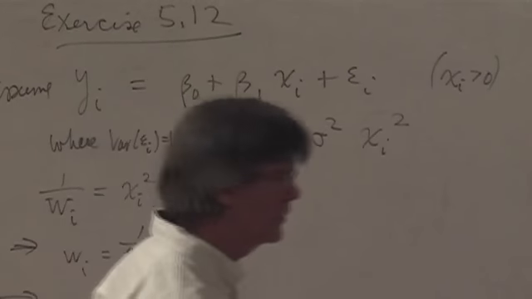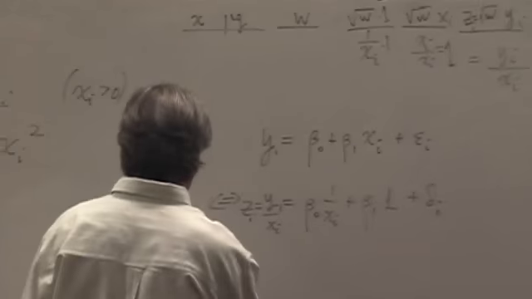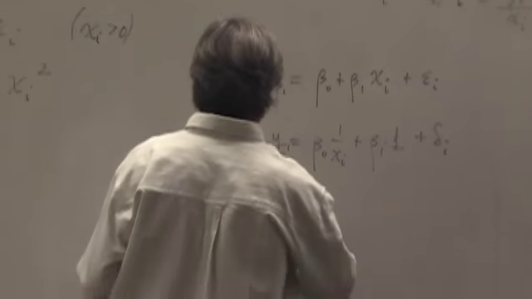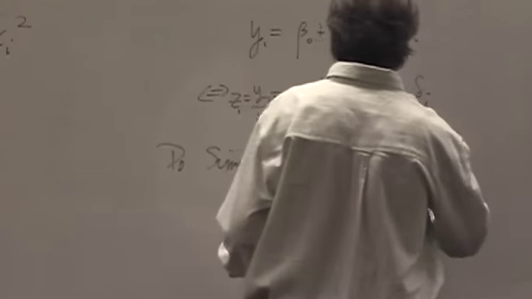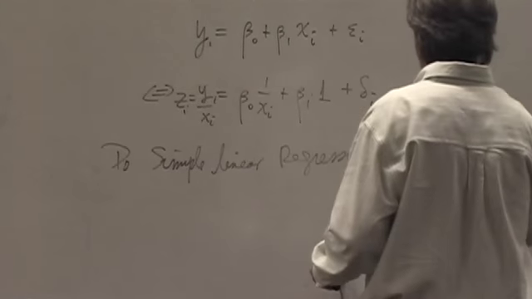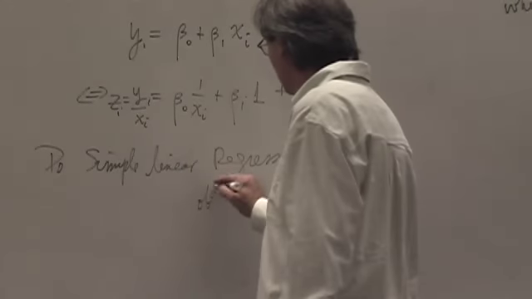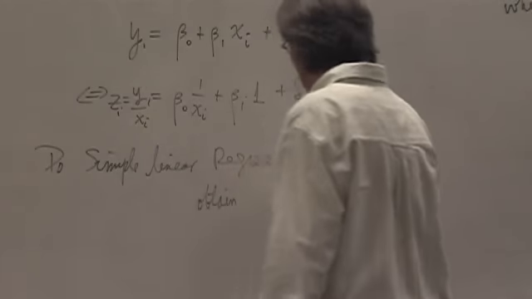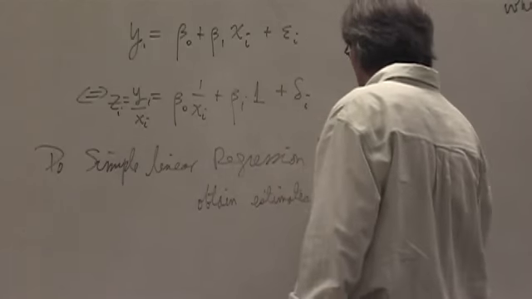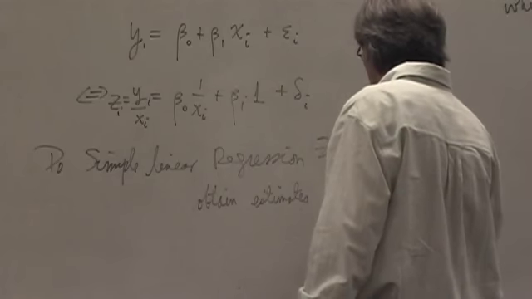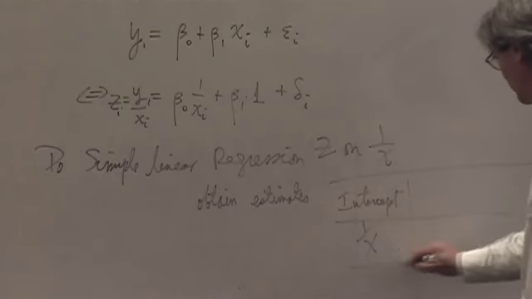What I'm going to do is simple linear regression of z on 1 over x, and obtain estimates, the intercept, and then 1 over x, in my Excel sheet, right?